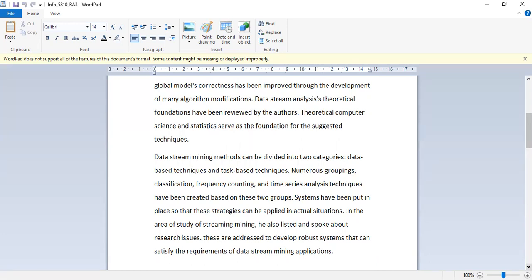These are addressed to develop robust systems that can satisfy the requirements of data stream mining applications.